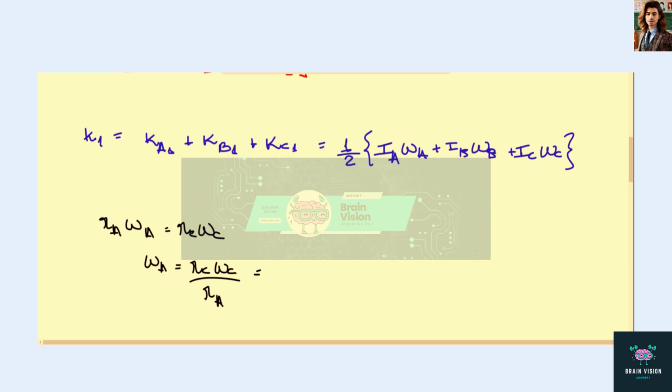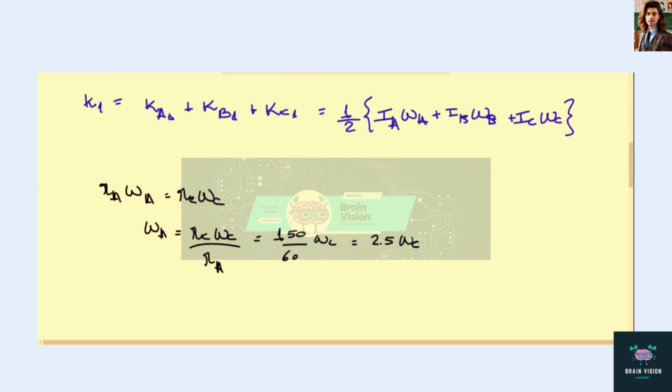And that gives us an angular speed of 150 divided by 60 omega_C, which gives us a total of 2.5 omega_C. And that's the correlation between omega_A and omega_C.